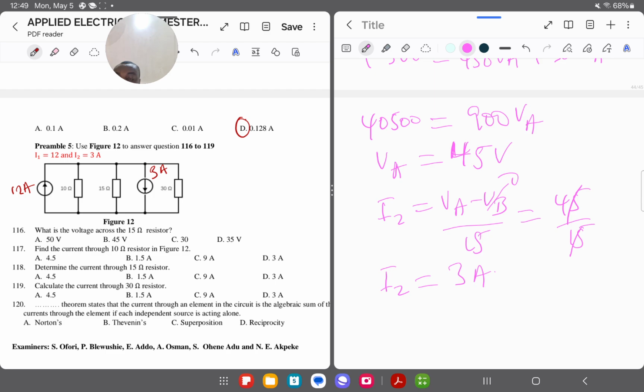Okay, here we are. The first question, the VA. No, we are asked to find the voltage rather across the 15 ohms, which is okay in a way, it's 45. But once we've even gotten the current, we can just do the same thing. The voltage across this will be the current through the 15 ohms, which is 3, times its resistance, which is 15.